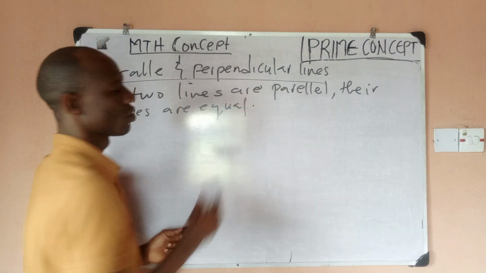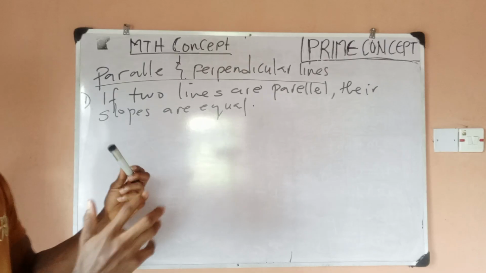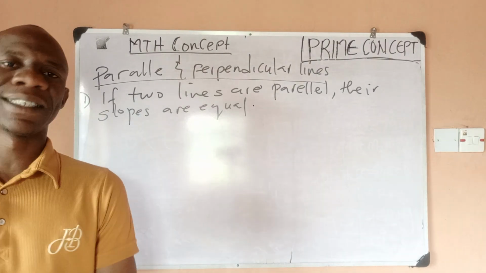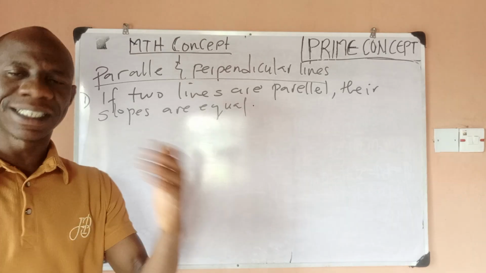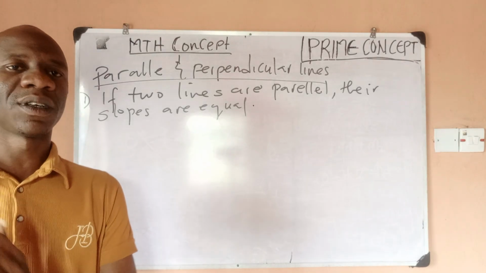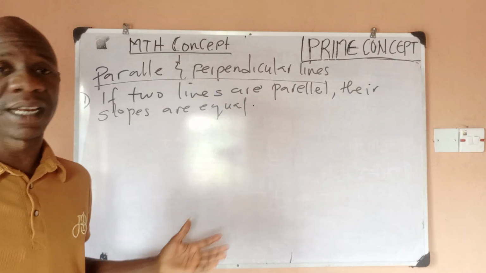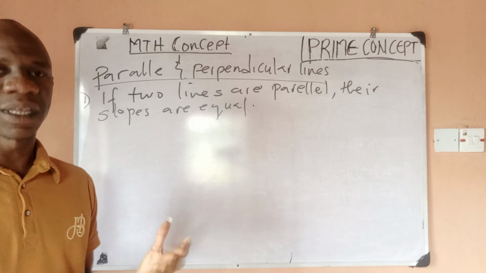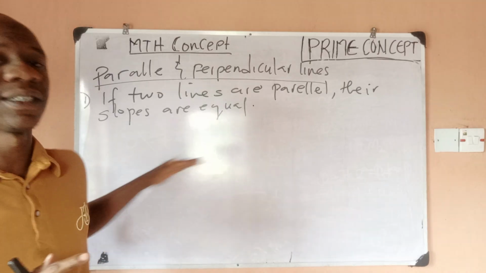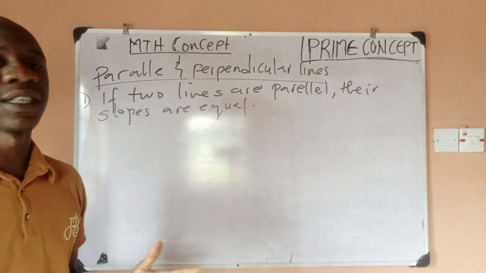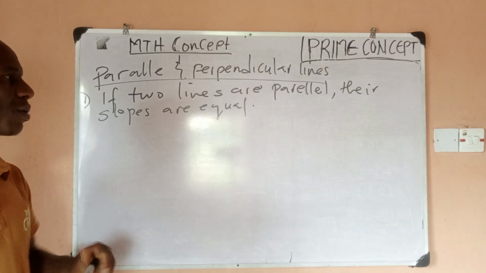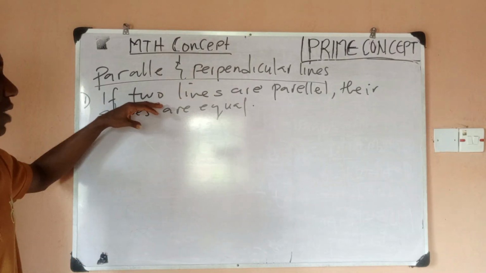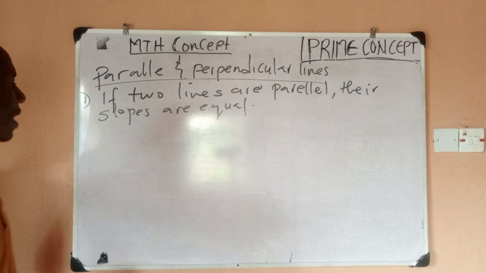So if I have line AB and it is parallel to line CD, it means that the slope of line AB will be exactly the same as the slope of line CD, because by simple geometry knowledge, you will know that since the two lines are parallel, they should have the same slope, right? But then we want to prove this to see how we can get what we have claimed.